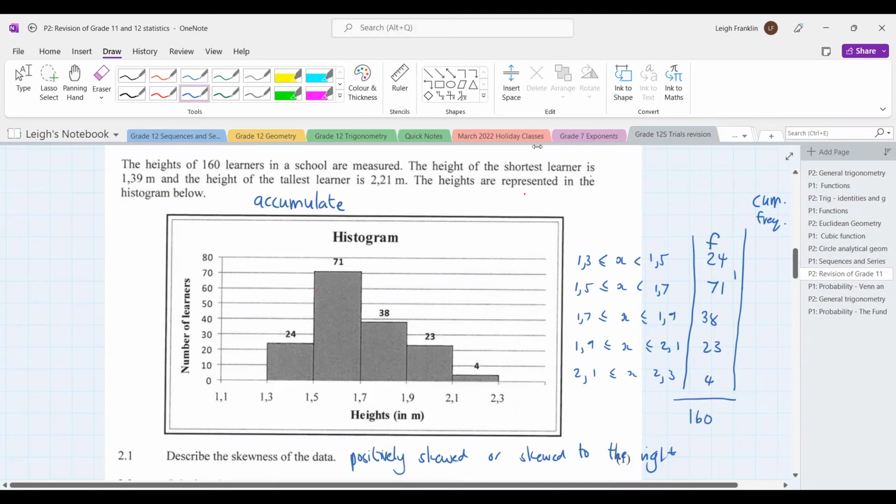So cumulative frequency does this, right? It considers the people that are between 1.3 and 1.5. And then in this second row over here, we're going to add 71 to 24. So we know that there are 95 people that are 1.7 meters or less.